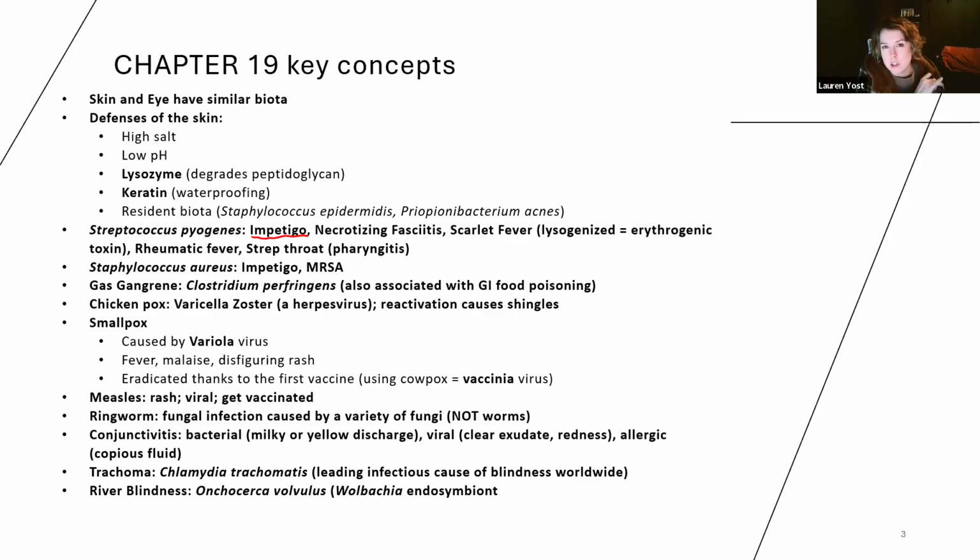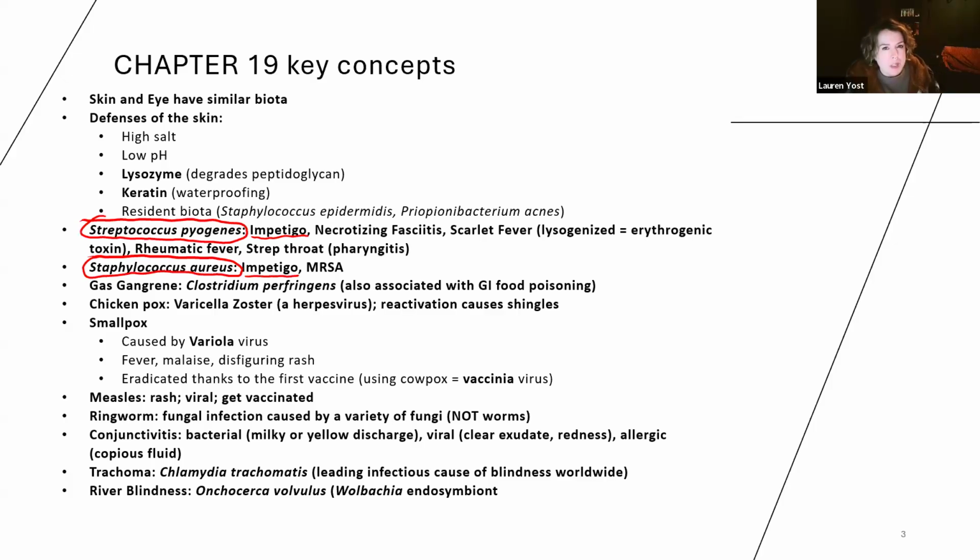Impetigo is usually started by the presence of Streptococcus pyogenes and then often progresses to Staphylococcus aureus. So we often start with Strep pyogenes and then it is taken over by Staph aureus. And oftentimes the Staph aureus outcompetes the Strep pyogenes in impetigo.